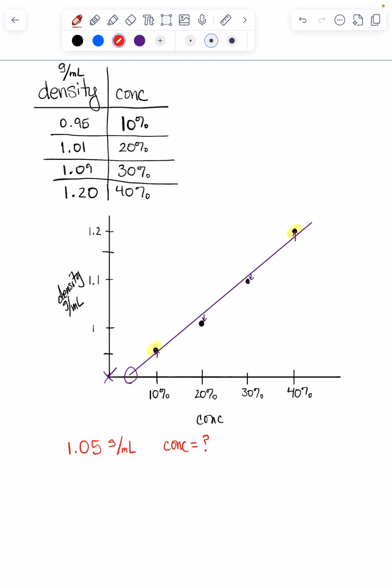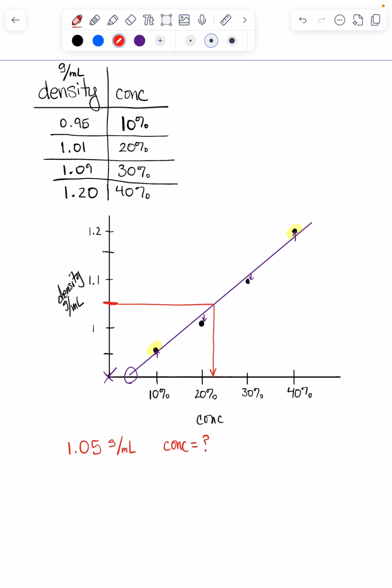So you come over here on the y-axis and find where 1.05 is. It's going to be right in the middle between 1 and 1.1. You take that and come straight over until you hit the trend line, and then you drop that down to your x-axis, and that will tell you the concentration at that density of 1.05.